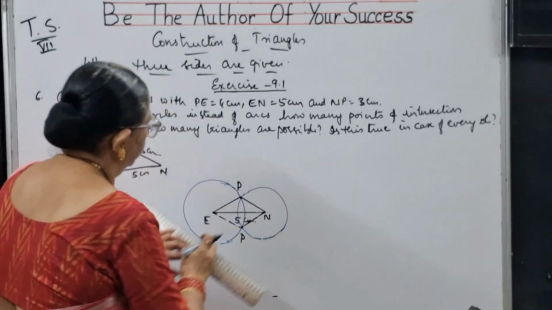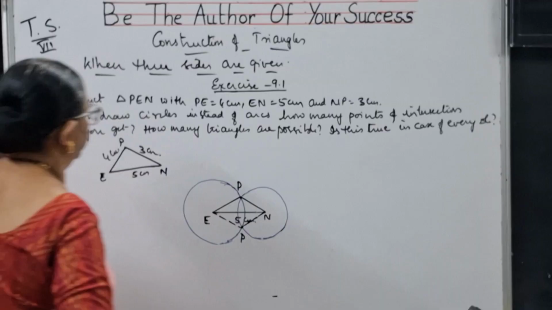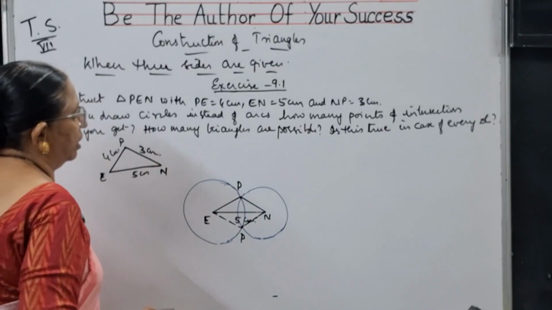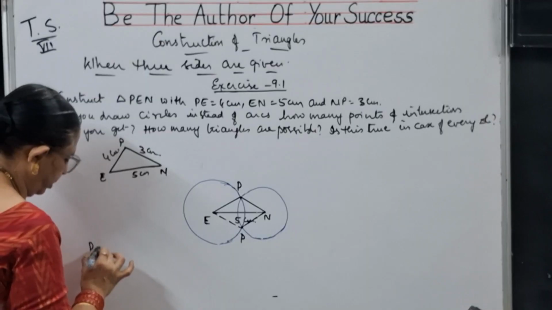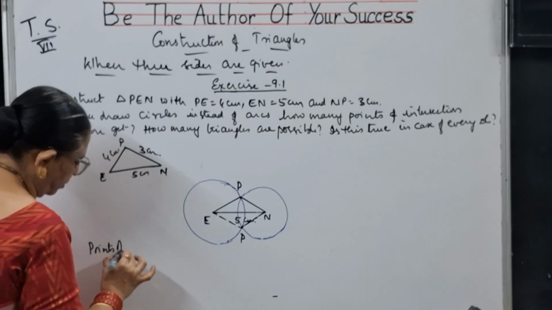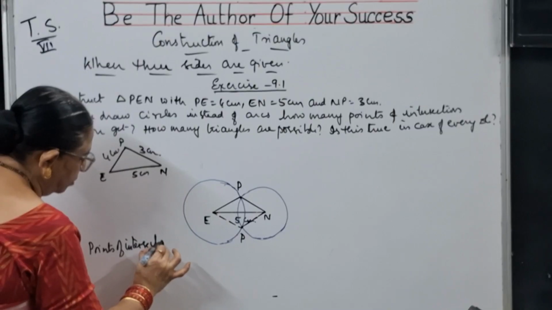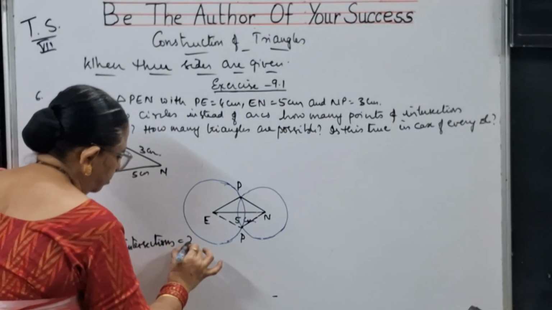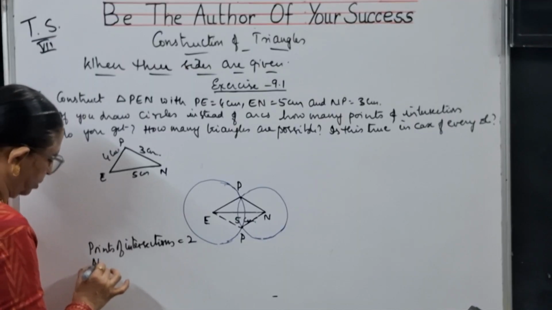So, see children, how many triangles are possible? Two triangles are possible. So, let us try to write what are the points of intersection. So, how many points of intersection you have got? We have got them as 2. So, how many triangles are possible?